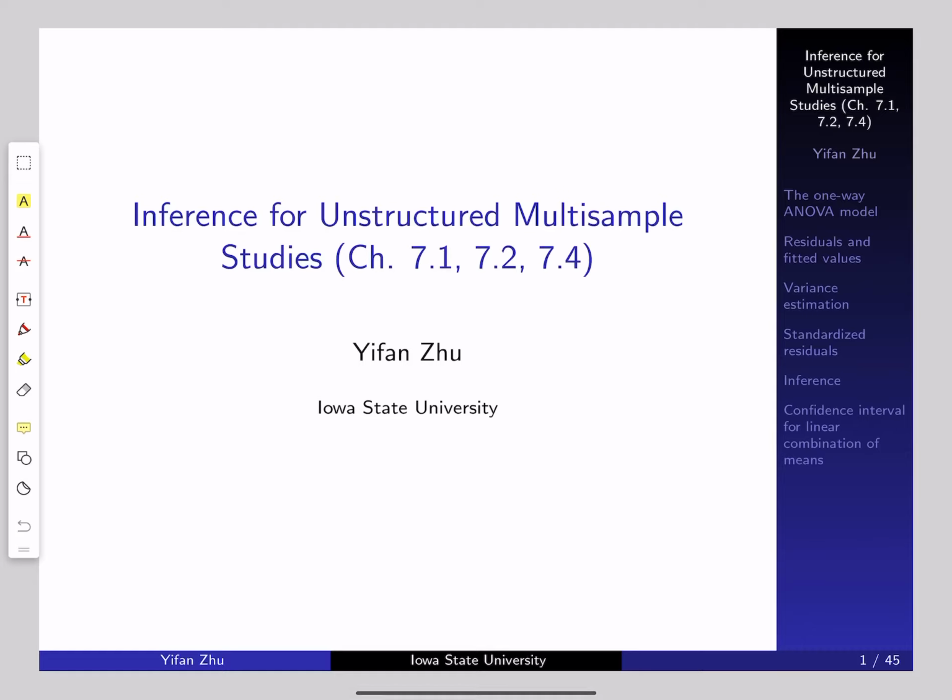So today we will be talking about chapter 7, sections 7.1, 7.2, and 7.4 in the textbook. It is inference for unstructured multi-sample studies.